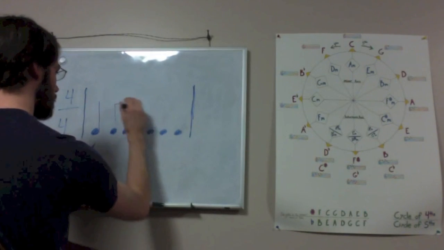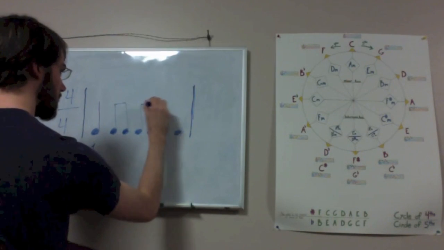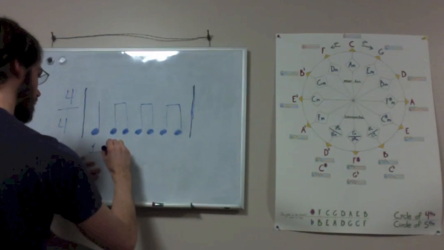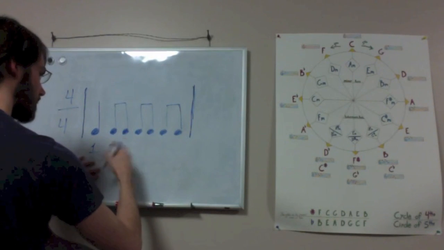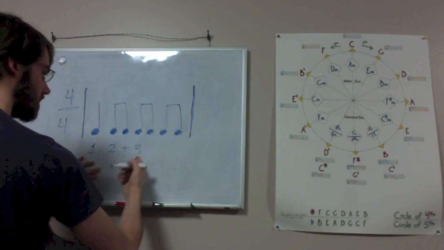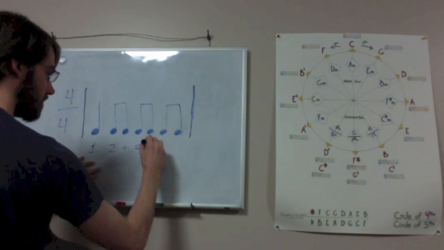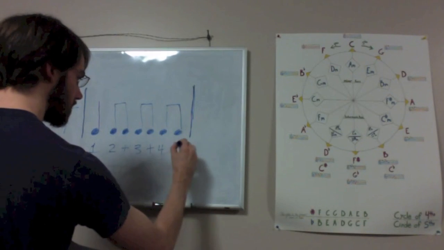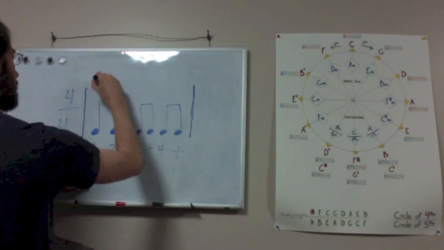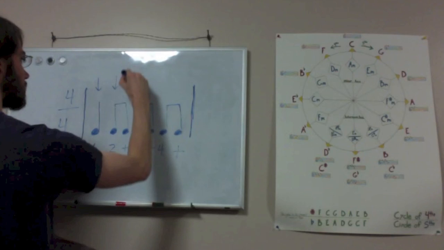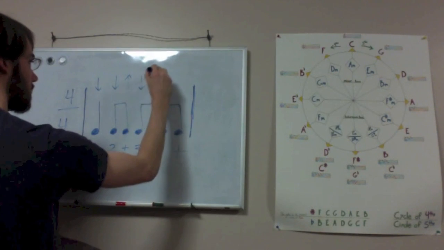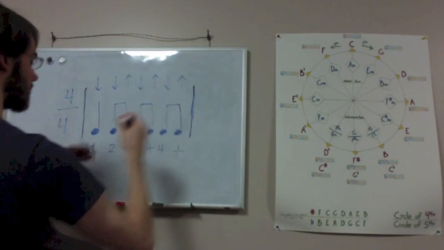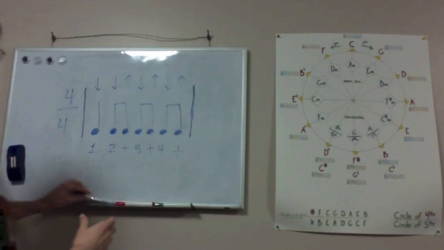So those 2 8th notes make up beat 2, these 2 make up beat 3, and these 2 make up beat 4. And like we talked about, the first in a pair of 8th notes is whatever the beat is, so that's beat 3, and then the second one is called the and, so we have to count that and part of the beat there. And following our alternate strumming convention, we strum down on every quarter note, and then we strum down and up on every pair of 8th notes.